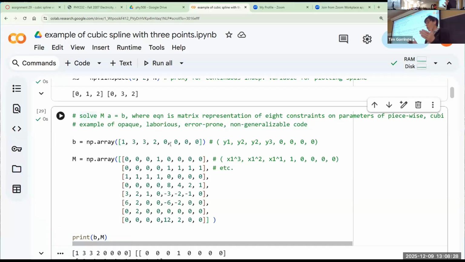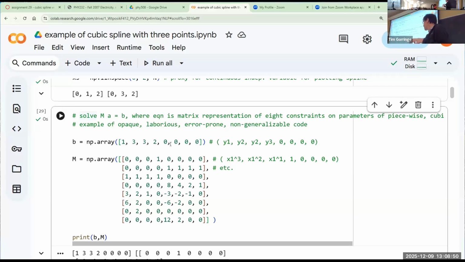So that's not a problem. That's one simple line of code. The problem is setting up that given matrix M and setting up that vector B.